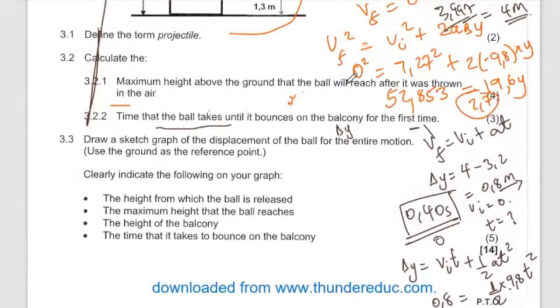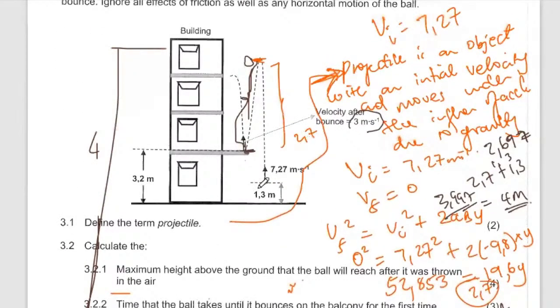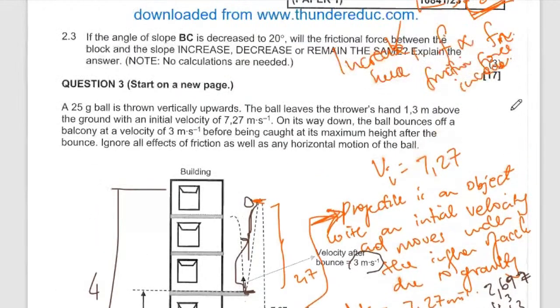And we need the time from the point of projection to the maximum. Use V final equal to V initial plus a t. So this final is 0, initial is 7.27, now minus 9.8 t.